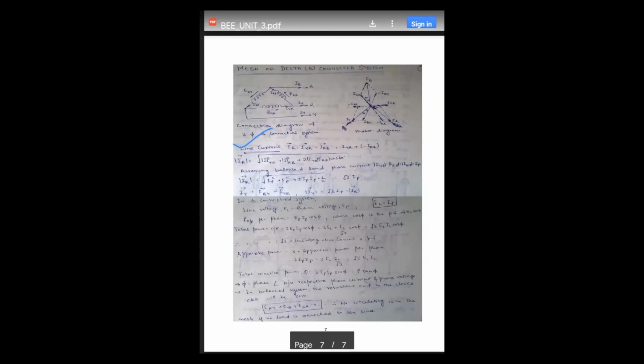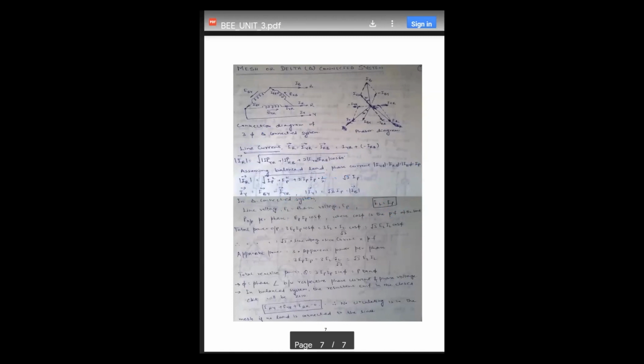Again, a word of caution: when writing IYR minus IRB, it should be written precisely with the mod, the minus sign, the arrow and the square.